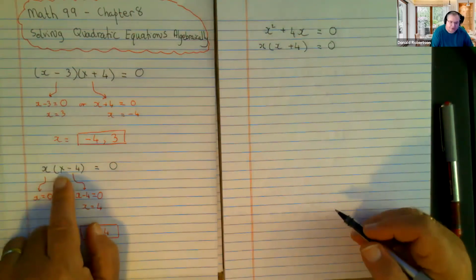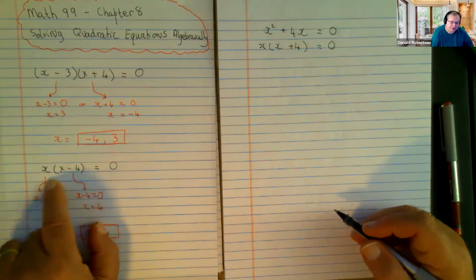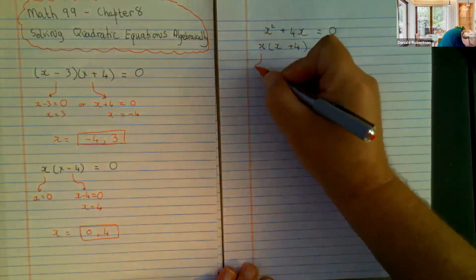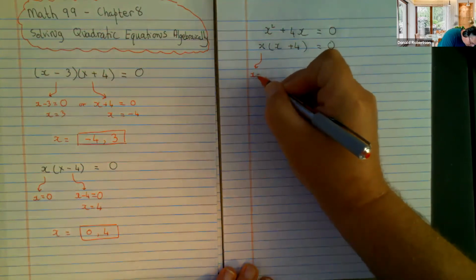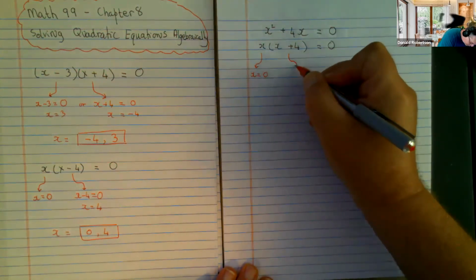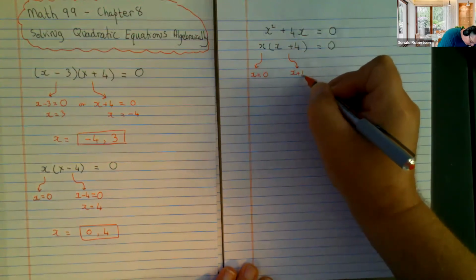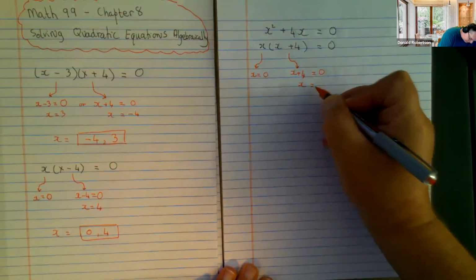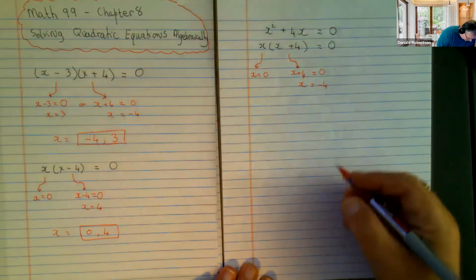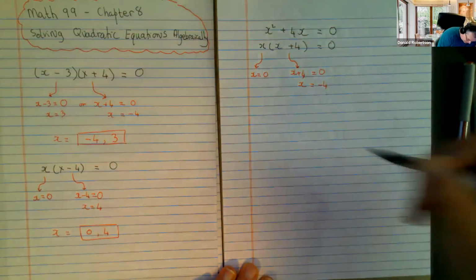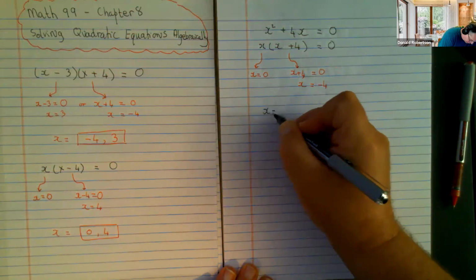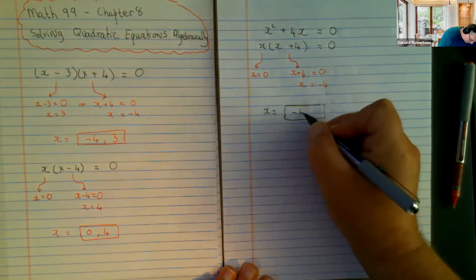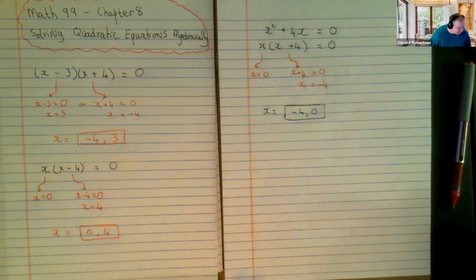What you're looking at is a situation pretty much the same as this one. So once you've got it factored, you then take each factor and find out the value of x that would make it equal to 0. So you want this factor to be 0. The value of x is -4. And then you would put down as your solutions, again there's two of them, smallest one first, comma, the bigger one.